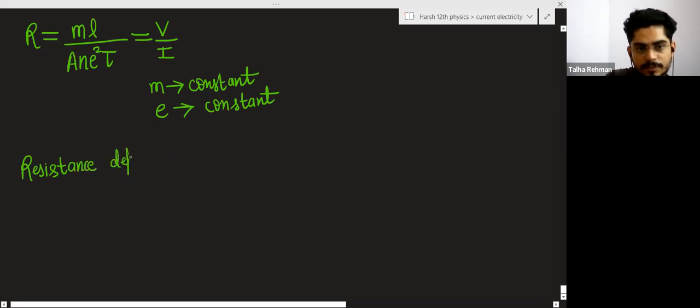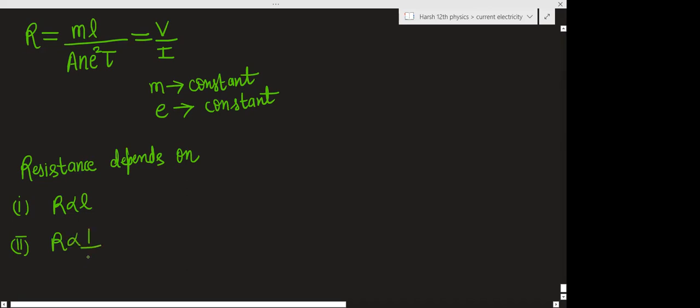So you can say that resistance depends on several factors. Resistance is directly proportional to length. Resistance is inversely proportional to area of cross section.